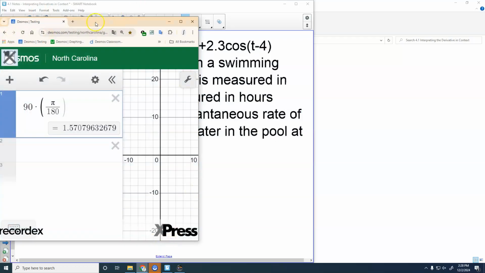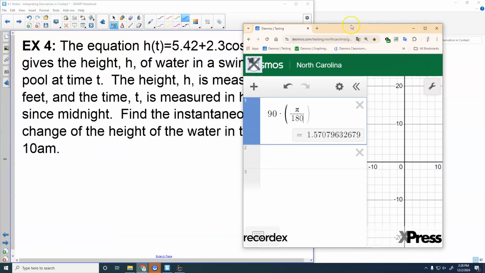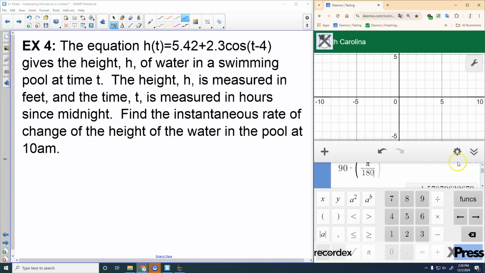All right, so let's go ahead and type in this function. I don't know about Desmos and t's, I think we'd better go with x.